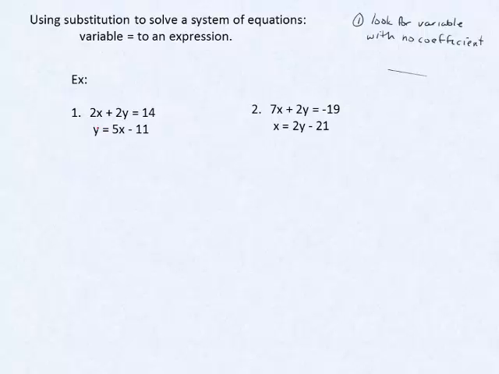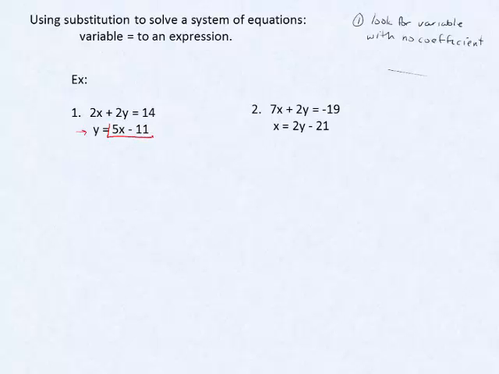Looking at our first example, we have y equals 5x minus 11. This tells me that the value of y is the same as the value of 5x minus 11. These are like my $1 and my 4 quarters. In my other equation, I have 2x plus 2y equals 14.